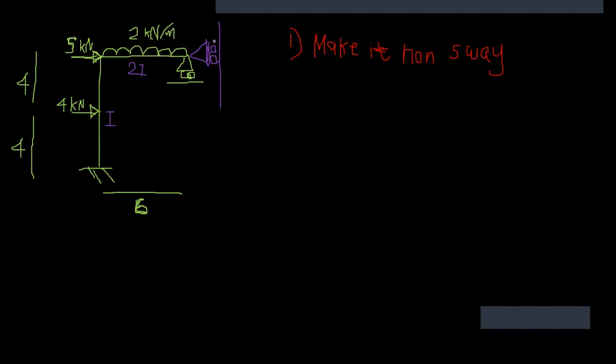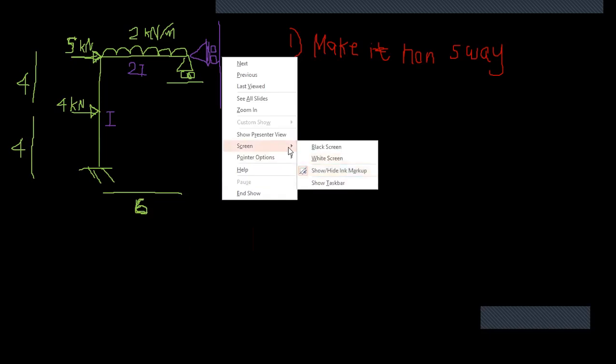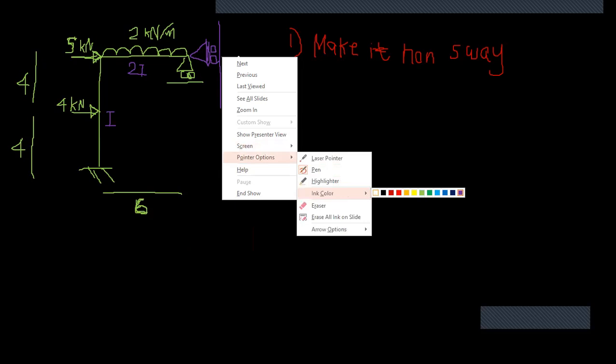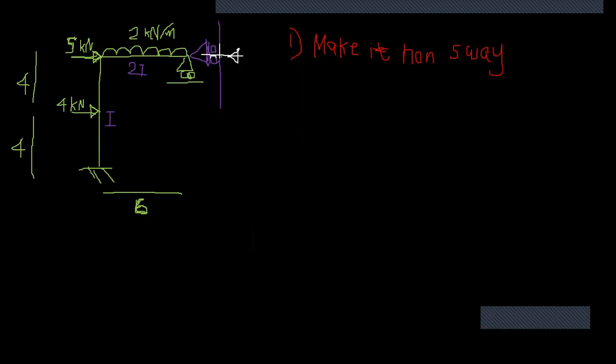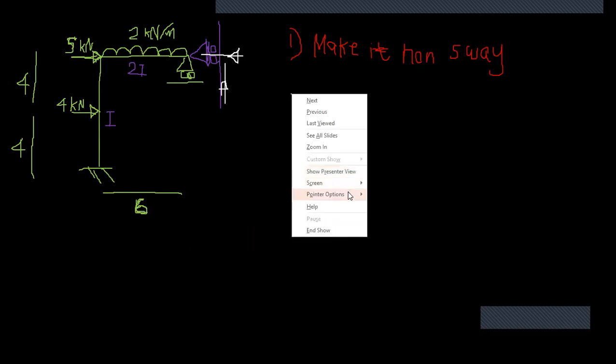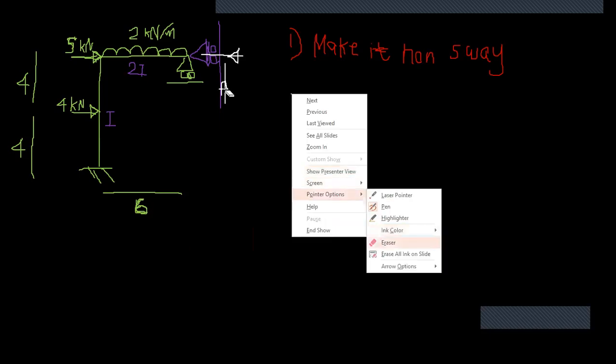Because if I apply a roller, I know that it will only give one reaction, in this way. If I apply a pin, it can give a reaction in this way as well as this way. I don't need that because that becomes more complex, and I would need to find that as well. That's additional work. I don't need that.